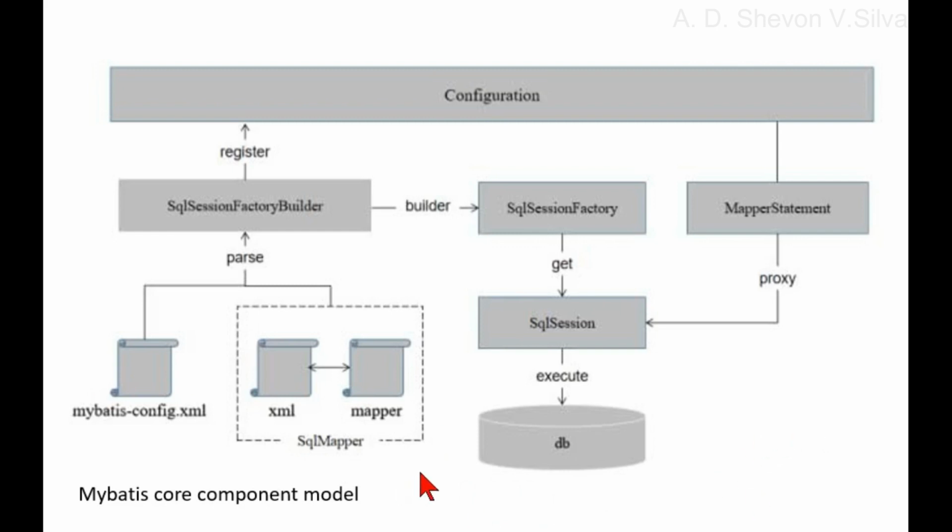4. When the corresponding method is executed through the proxy object, the method that is enhanced by the dynamic proxy is actually executed. The parameters corresponding to the method are used to find the mapped statement object corresponding to the method from the global configuration object, and the parameters are compiled.